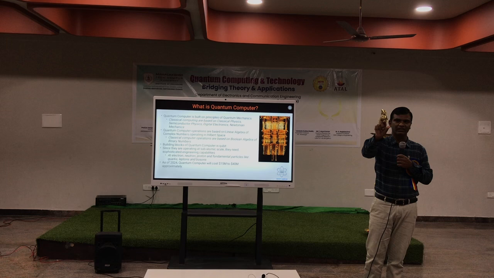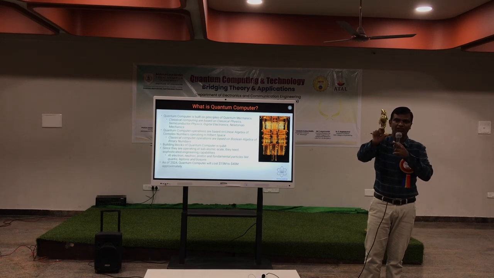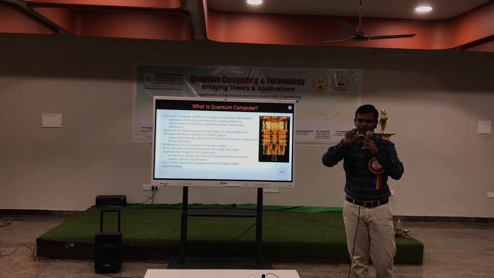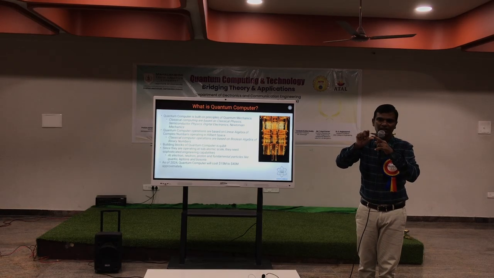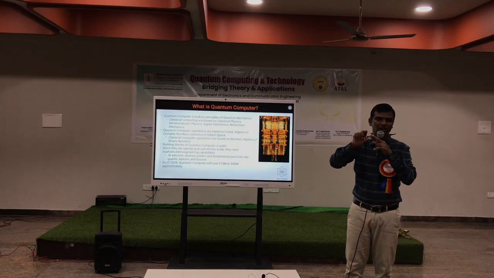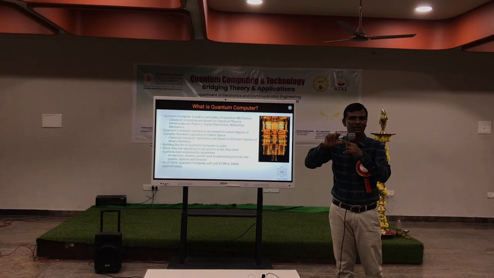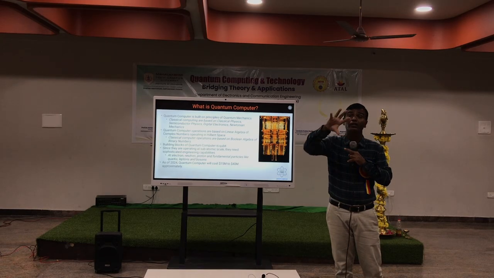Suppose the coin is in this position, it can be of a probabilistic nature. Based on the position, you can tell what is the probability of getting head or what is the probability of getting tail.